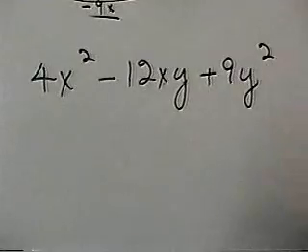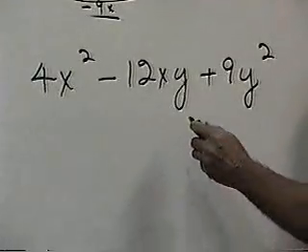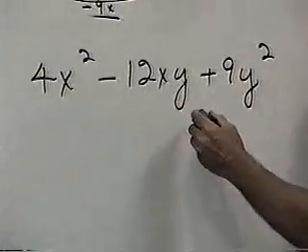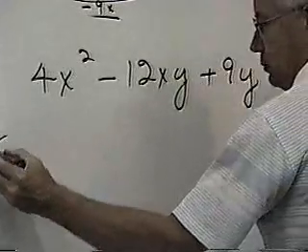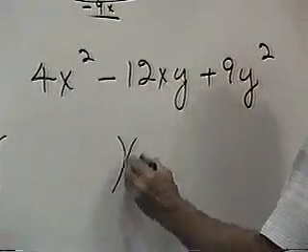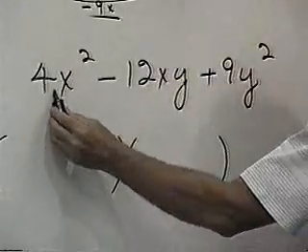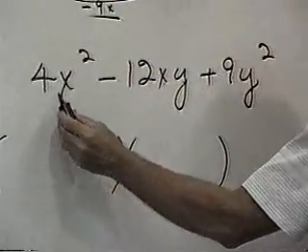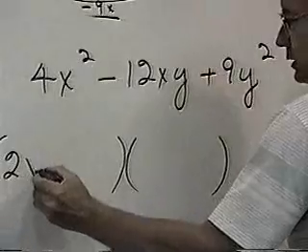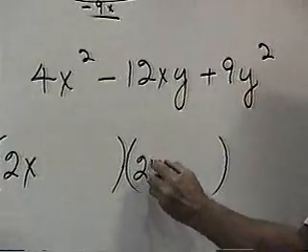All right, let's look at number 12 here. Okay, we have some x's and y's, so that's no big deal. Just put down the parentheses. Now, what times what gives us 4x squared? Well, we could use 2x and 2x.